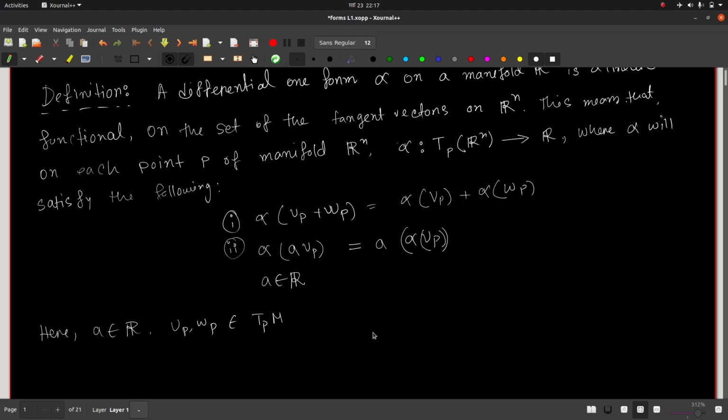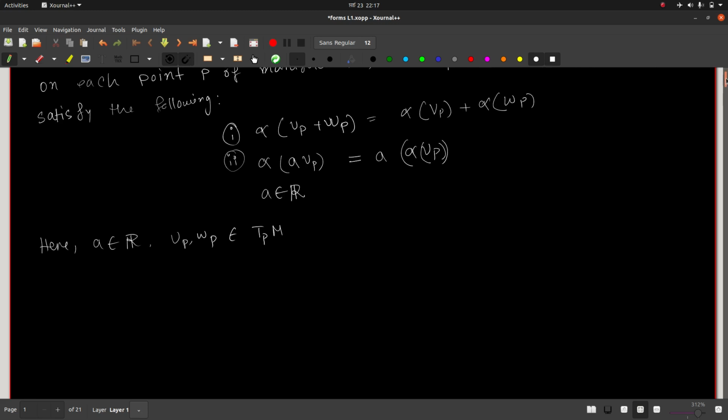Now, if you recall from our previous lectures, whenever we talk about a vector space, we also have to discuss its dual vector space as well. So let me give a very brief review about dual spaces or dual vector spaces.